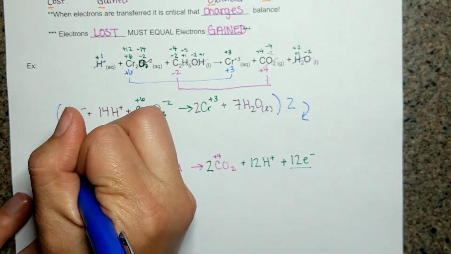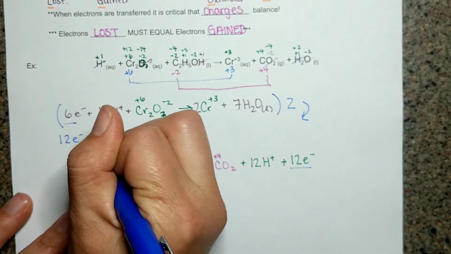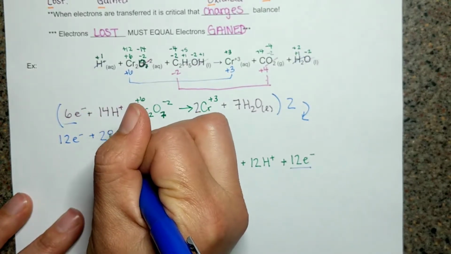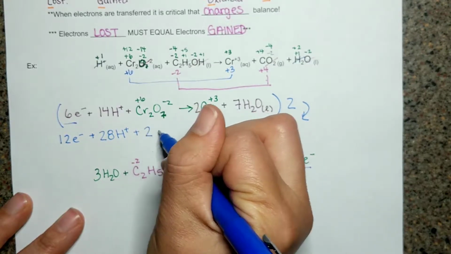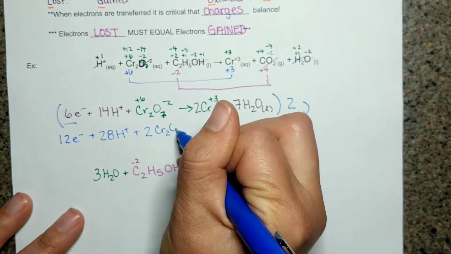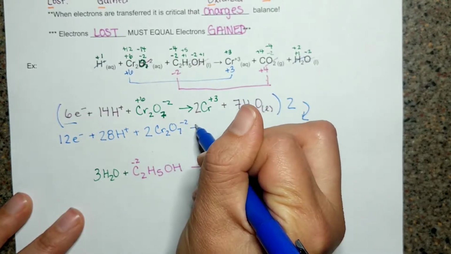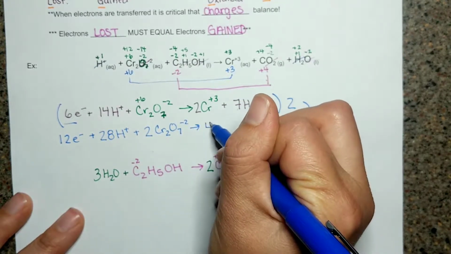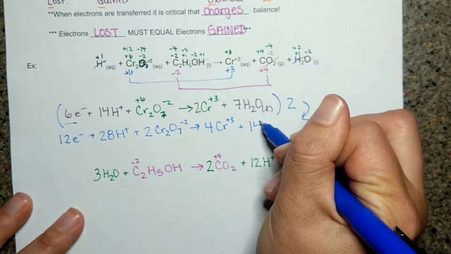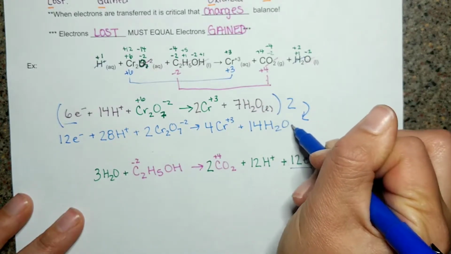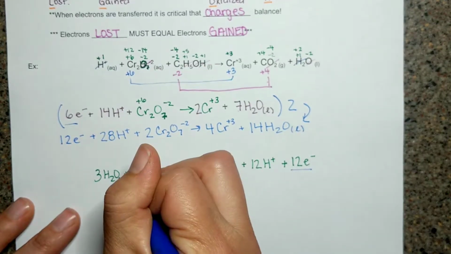So that gives me 12 electrons plus 28 hydrogen ions plus 2 dichromate ions, 4 chromium ions, and 14 waters.